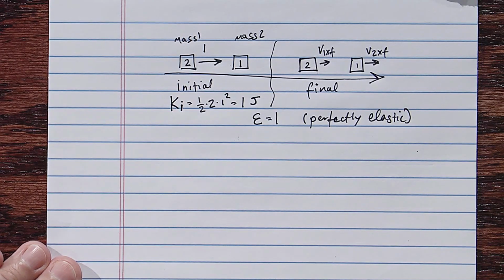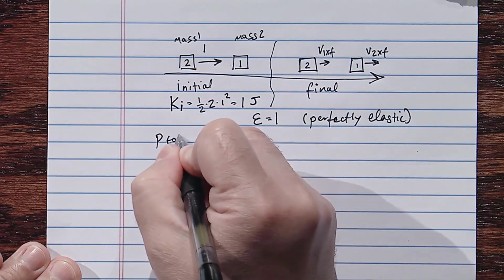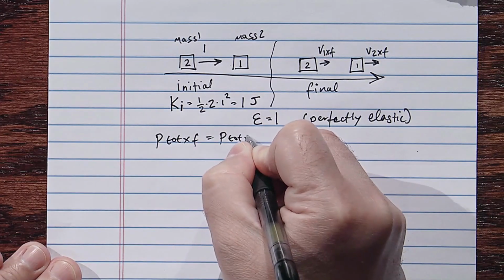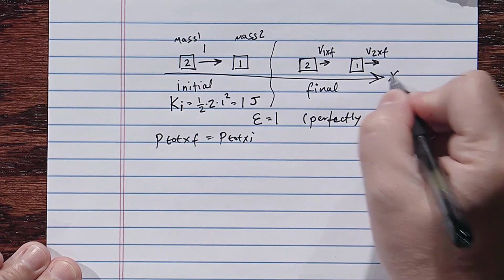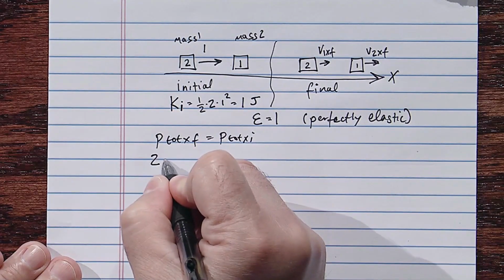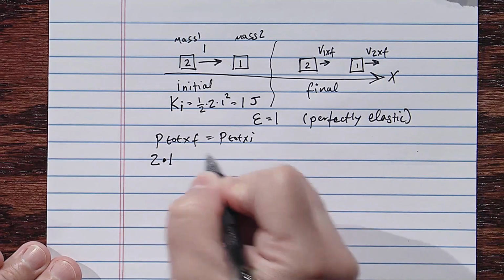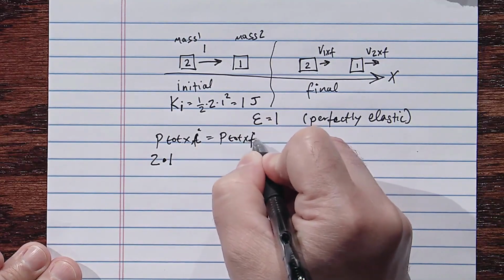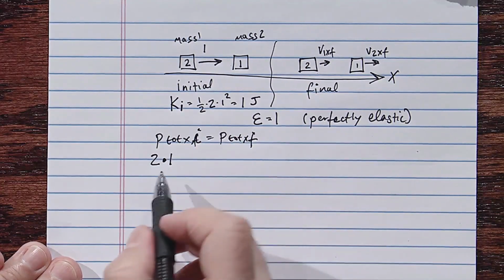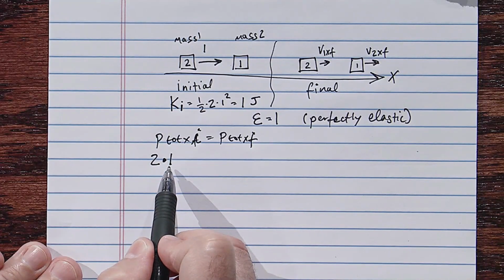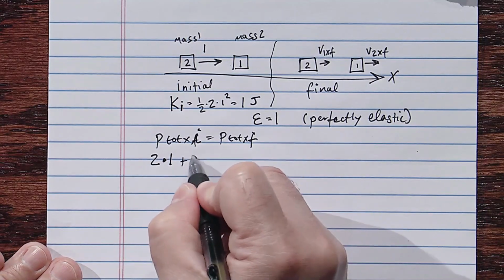So, well, we still conserve momentum. So, P total x final equals P total x initial. And this is our x direction. So initially we have 2 kilograms moving at 1 meter per second plus 0.